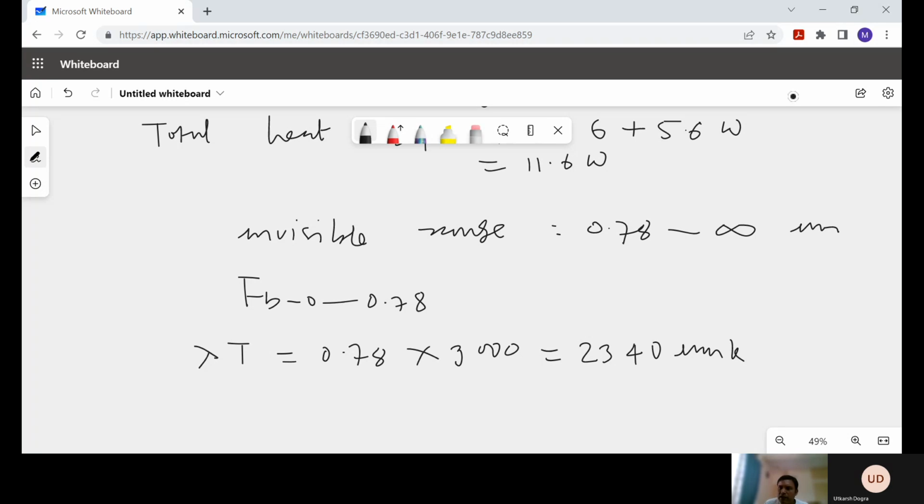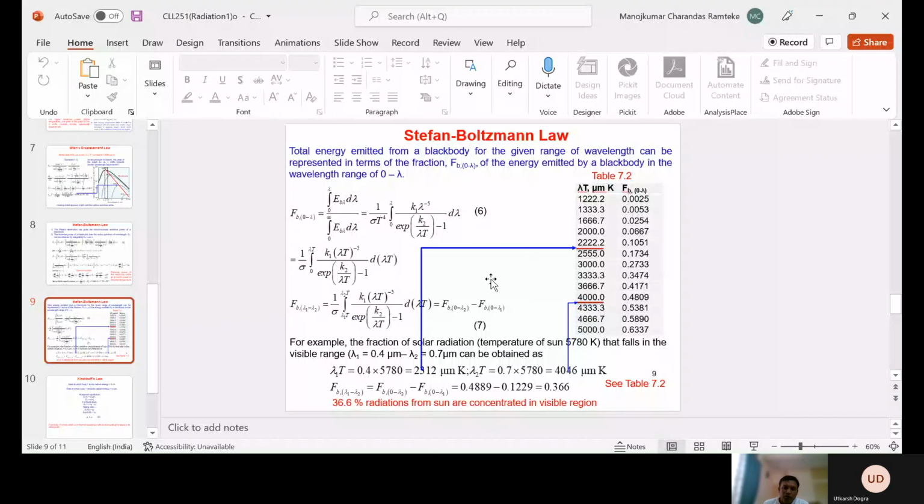We can go back to the table. Let me just open that. We can go back to this table, and 2340 is what we are looking at, isn't it? 2340 will be here somewhere in between.